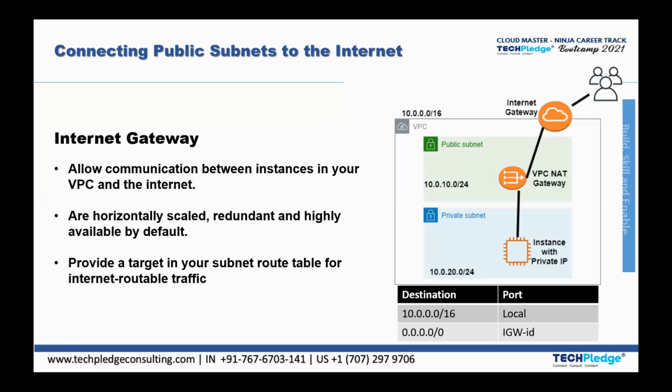Yes, fine. The internet gateway allows communication between the internet and the private cloud. It is horizontally scaled, redundant and highly available by default, meaning by default it is highly scalable.